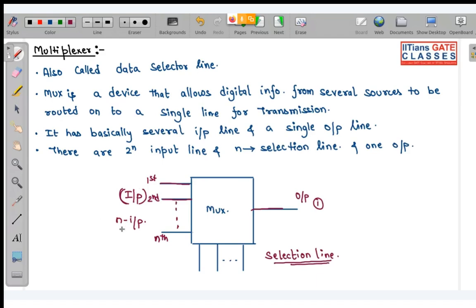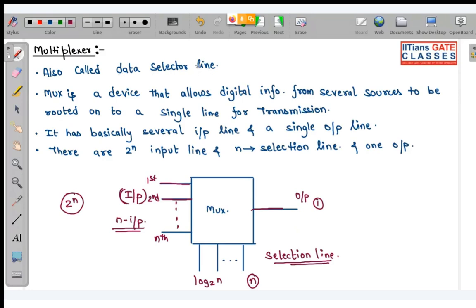Now, if there are n inputs, the selection lines will be log base 2 of n, or if there are 2 to the power n inputs, your selection lines will be n. Selection lines are the lines with the help of which we select which input should be connected to your output.